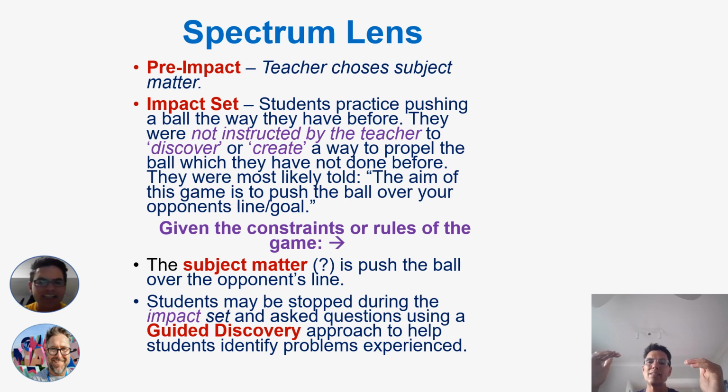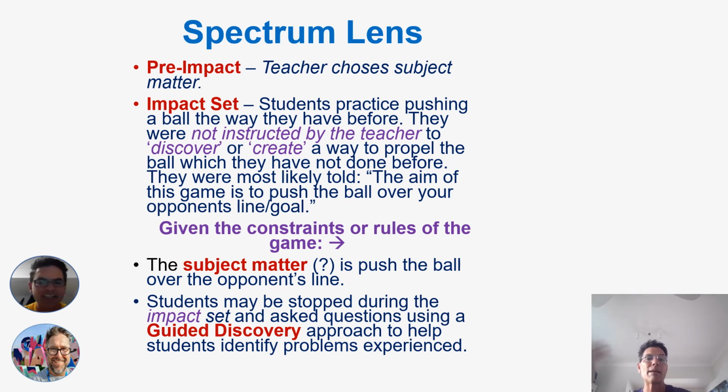So the Spectrum would look at these instructions and say in the pre-impact set, the teacher chooses a subject matter, field size, the equipment, the rules, the constraints, etc. In the impact set, the students practice pushing the ball in a way which most likely they've done before. Now we suggest this because the teacher in those instructions has not instructed the students to discover or create a way to propel the ball, which they have not done before.